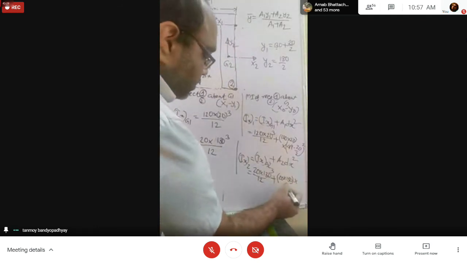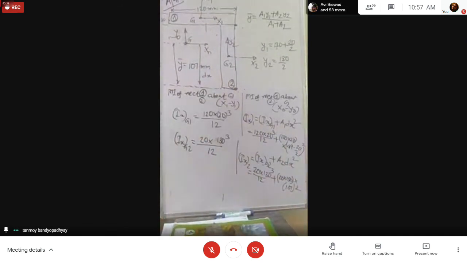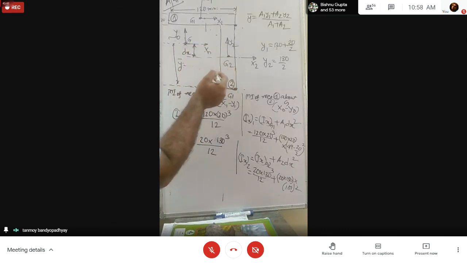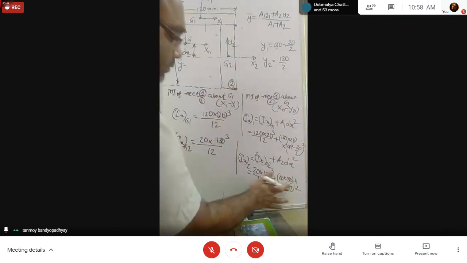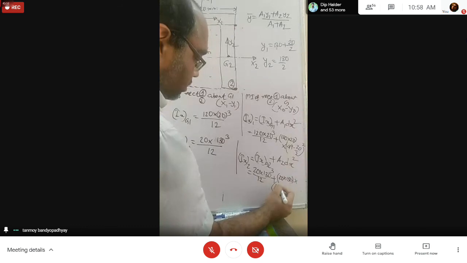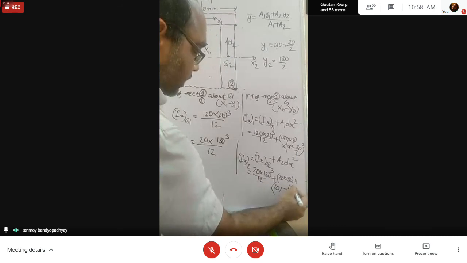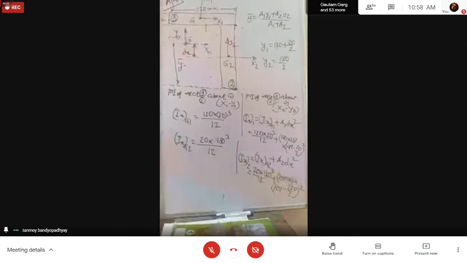So this is 101 only, 101 whole square. No, not this, sorry. Mistakes happen. This one is 101 minus 130 by 2, right? So minus 130 by 2 whole square. Yes, sir. Then calculate the final value, and then Ix1 plus Ix2.